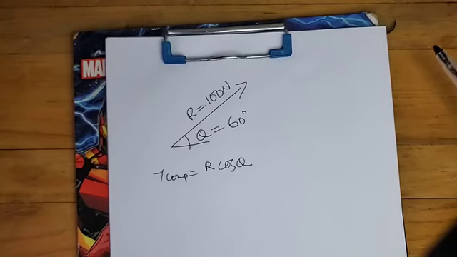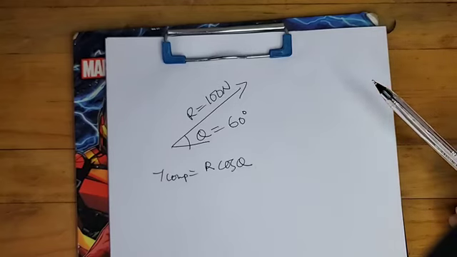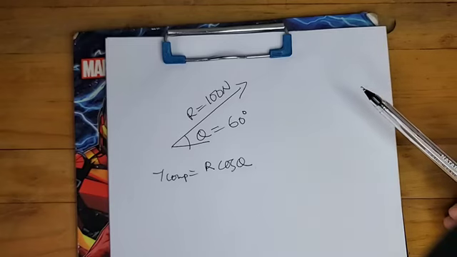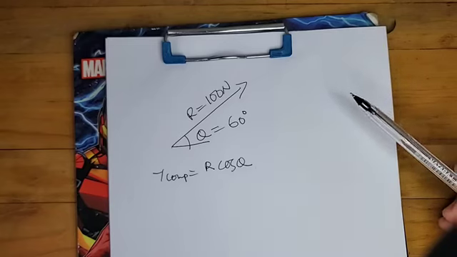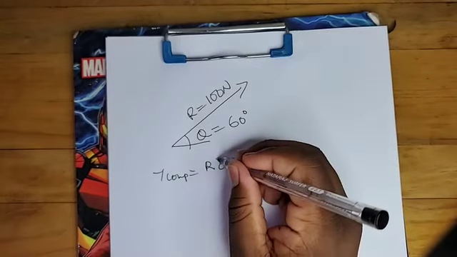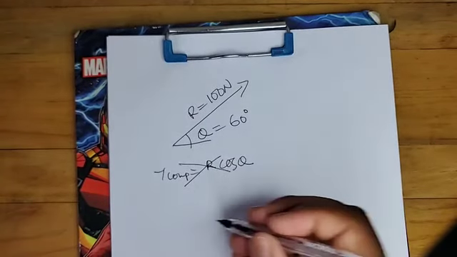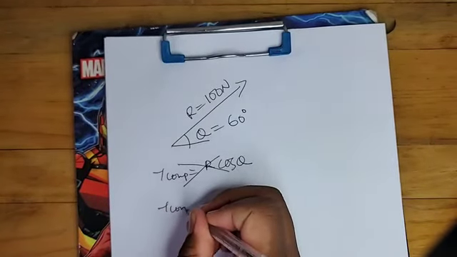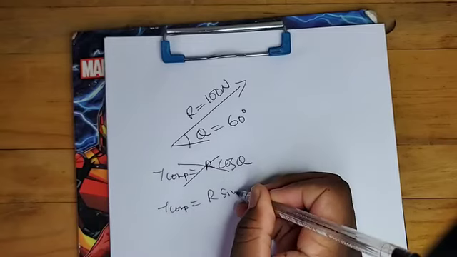Okay, so Mono says no. Let's see what other opinions we have. Okay, so this is wrong. The correct one is the y component is equal to r sine theta.